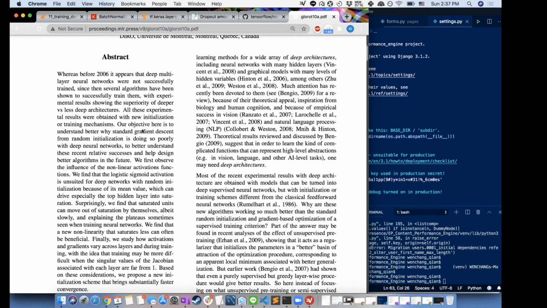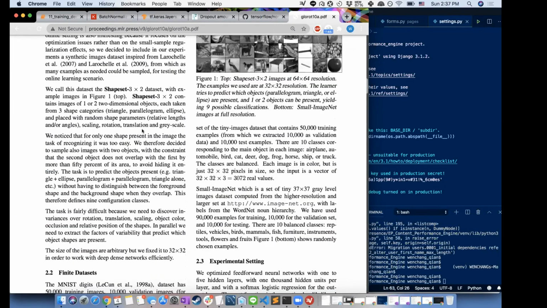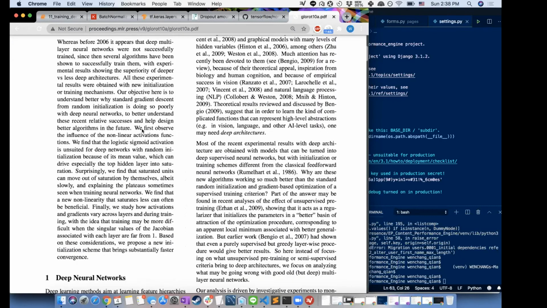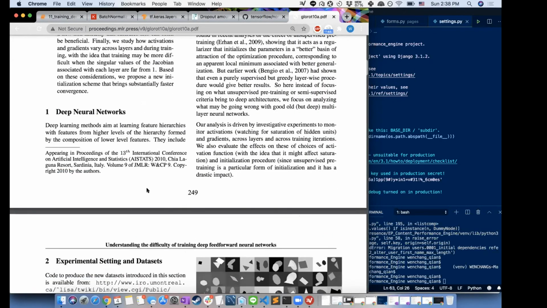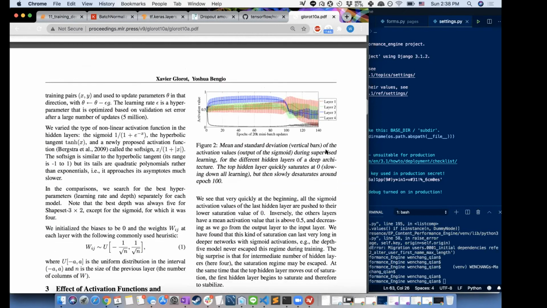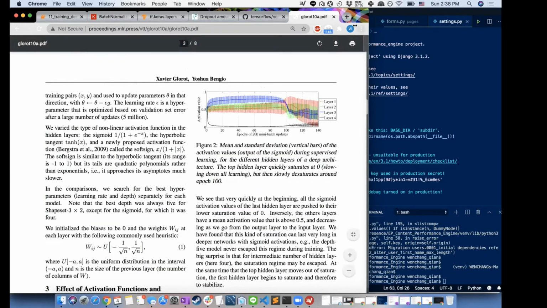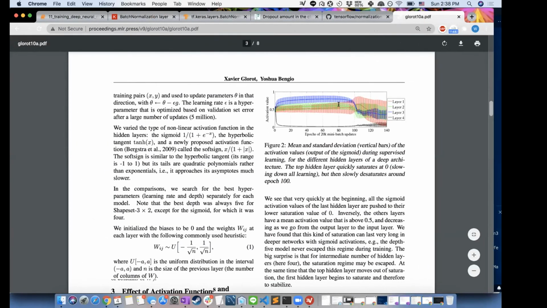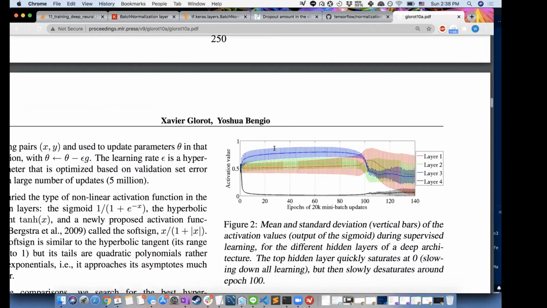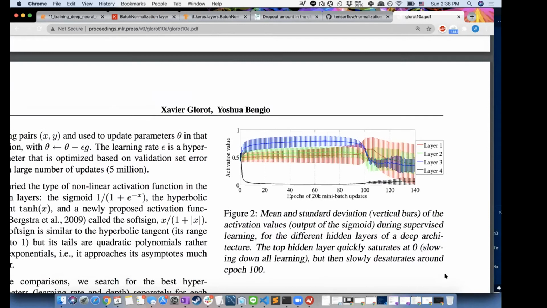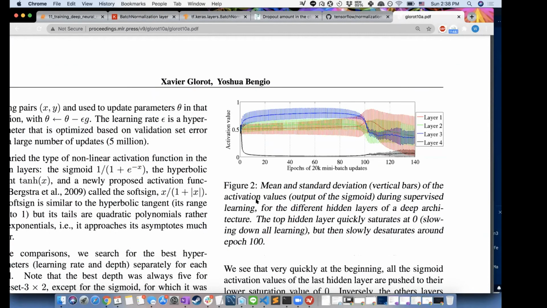It is an old paper, written in 2009 or 2010, but it's quite interesting to be able to visualize what's going on in terms of saturation. This graph is the mean and standard deviation of activation values, the output of the sigmoid, during supervised learning for the different hidden layers.